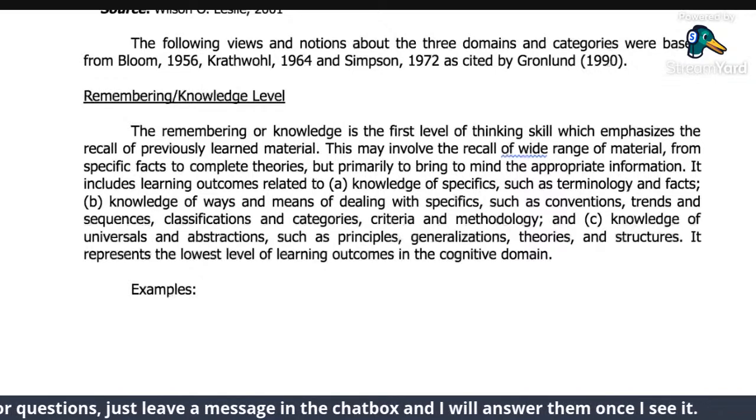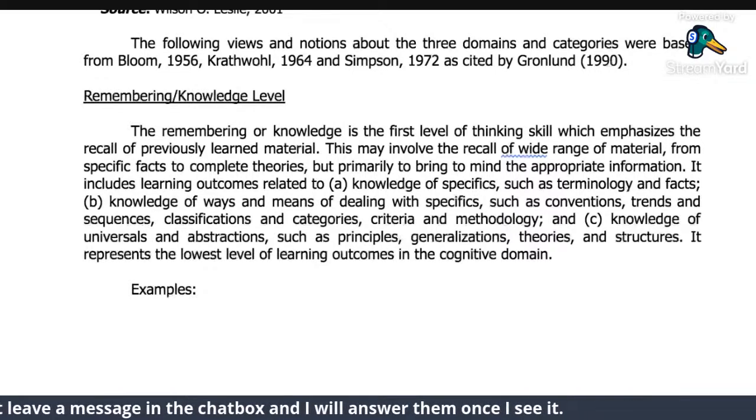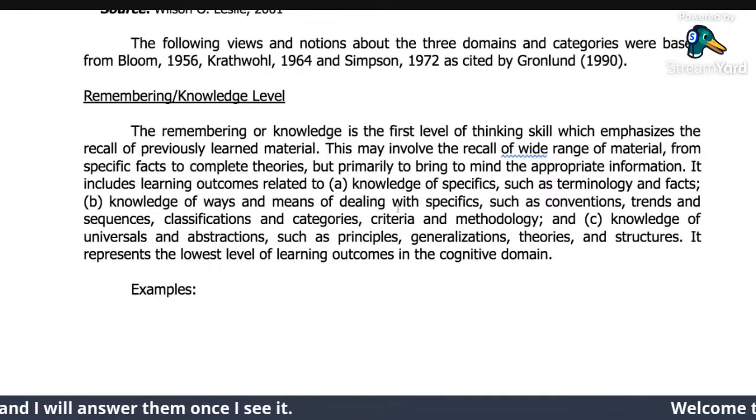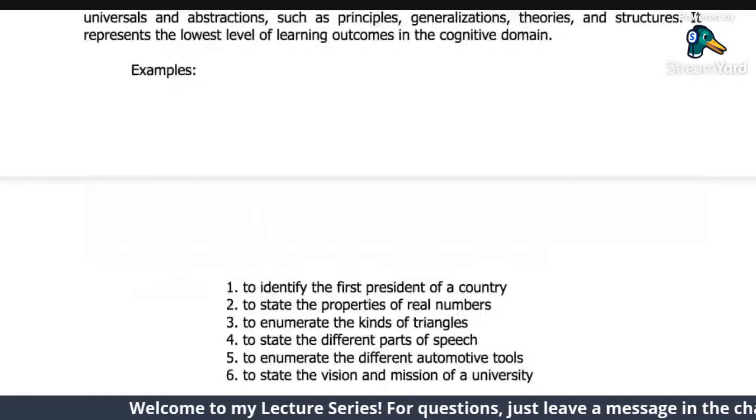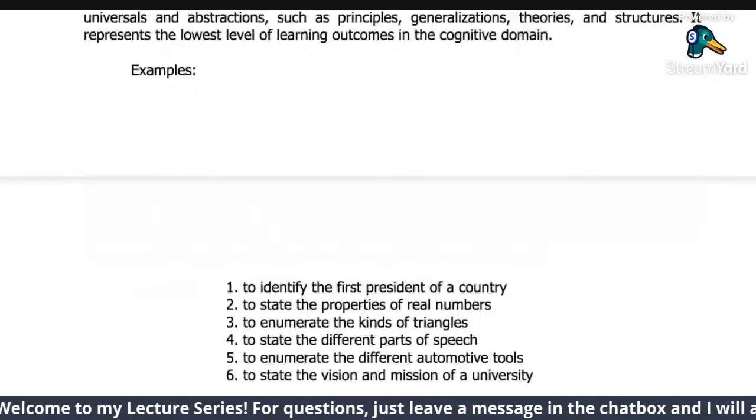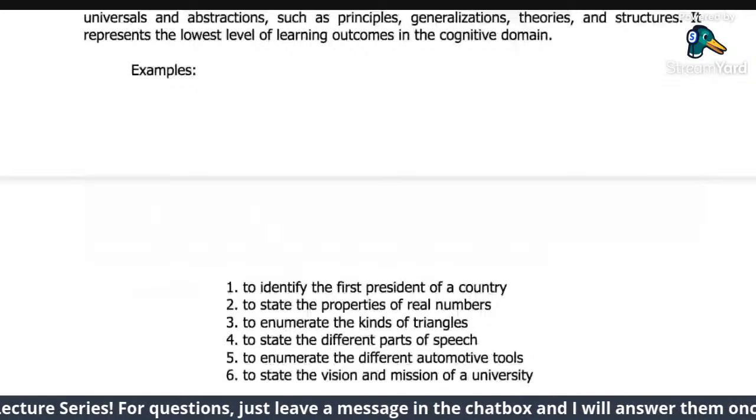under this level, okay, sa remembering. Okay, example, to identify the first president of the country, diba? So if you identify the first president of the country, so you just need to recall who is the first president of the country.